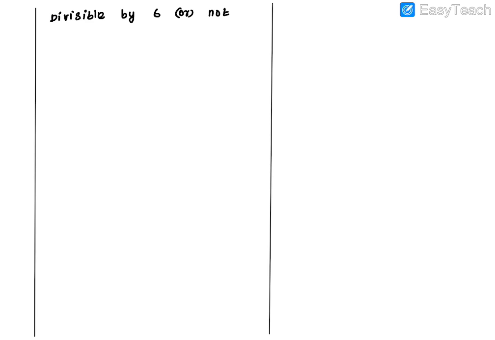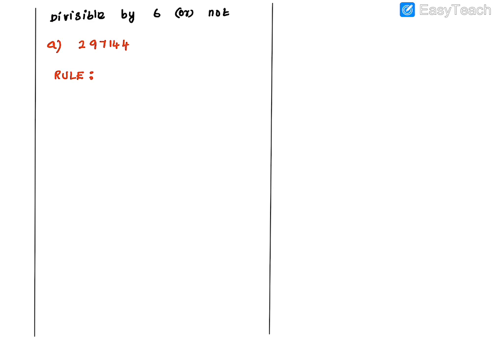The first number I'll write is 2,97,144. We have to check whether the given number is divisible by 6 or not.